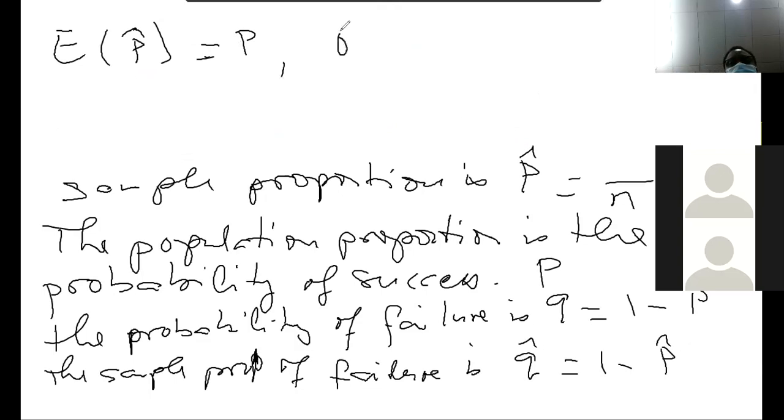And the variance of p hat is equal to PQ over n, so the standard error of estimate for the sample proportion is square root of PQ over n.